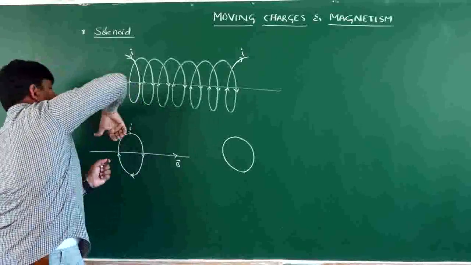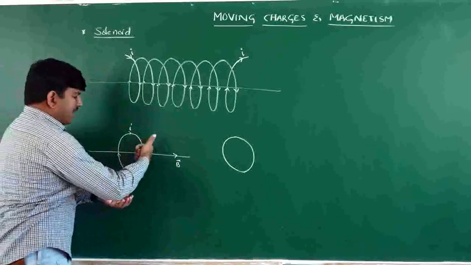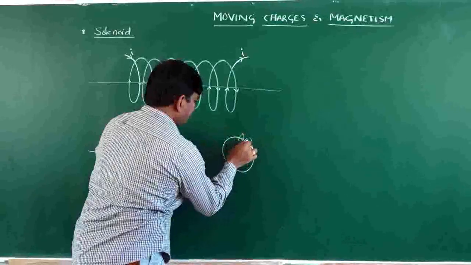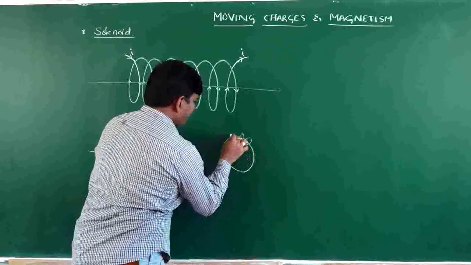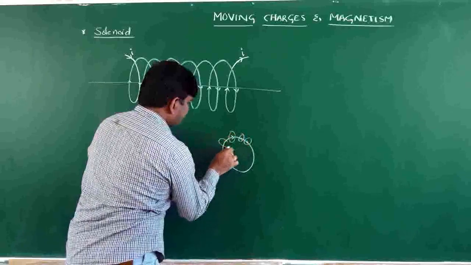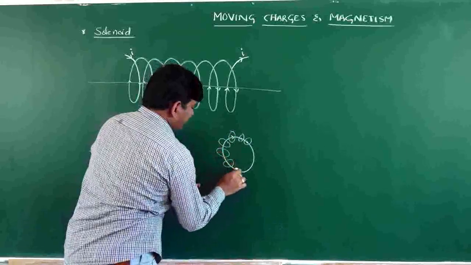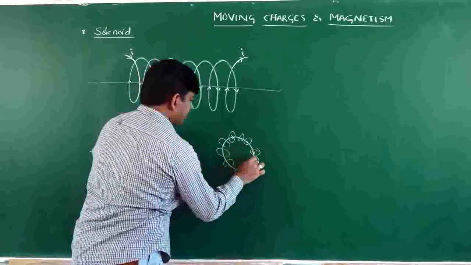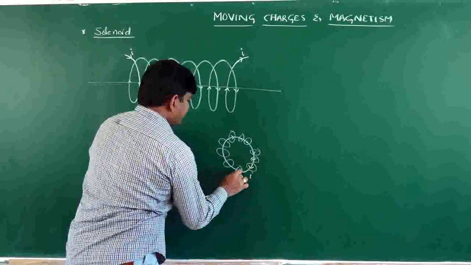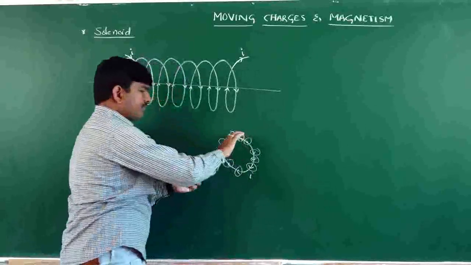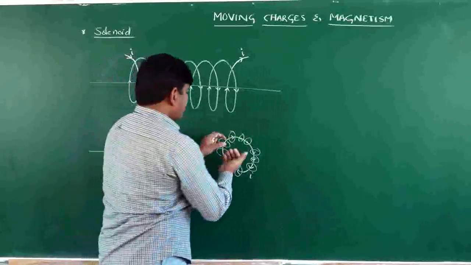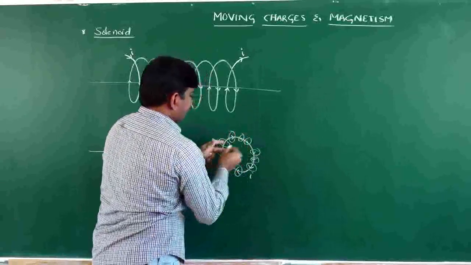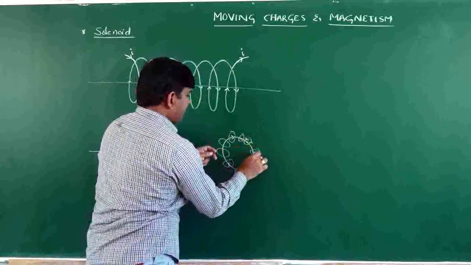If current is passing in this way, then this will represent the magnetic field lines. Current I is passing in this way, and around it the magnetic field lines will be. This is the representation of magnetic field lines.